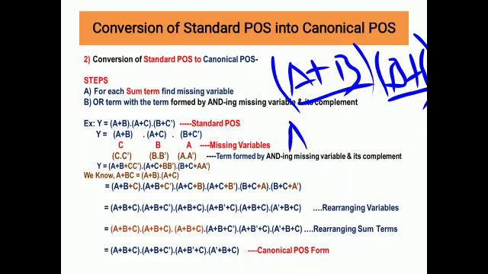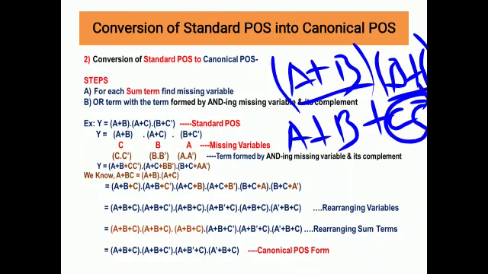Take the first term A plus B, you have to OR with the missing variable, that is C, and its complement. So you have to take the product of the missing variable and its complement, and OR it with the first term, and so on. So we will see this example.